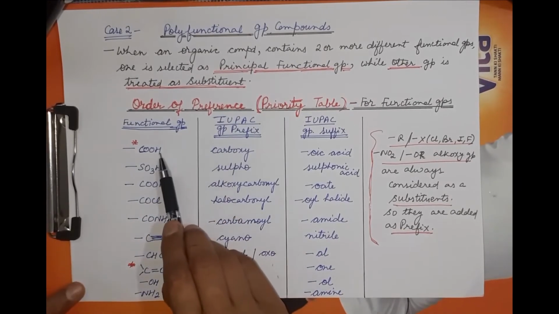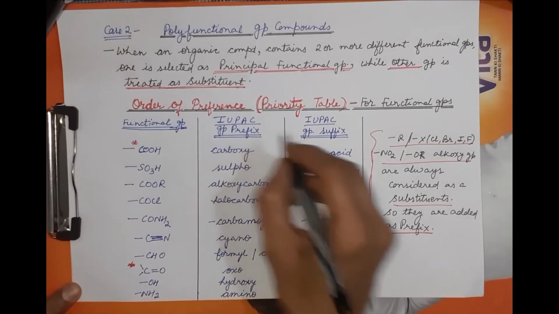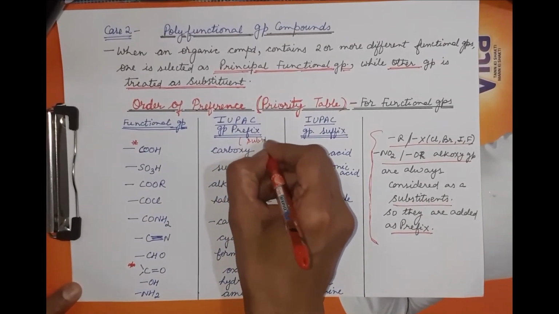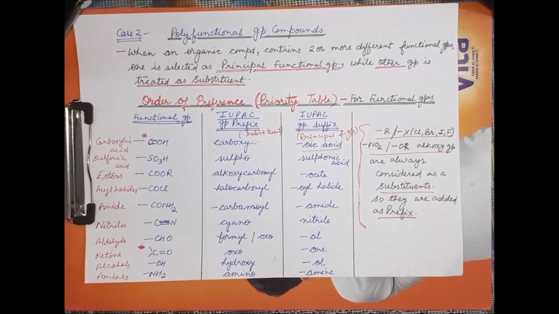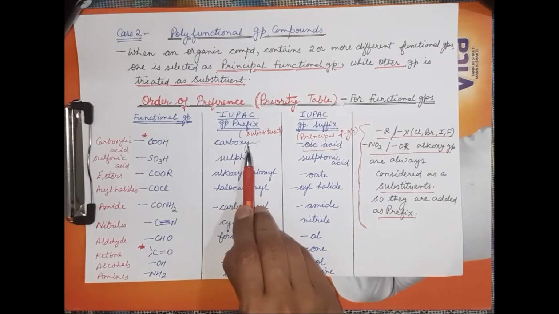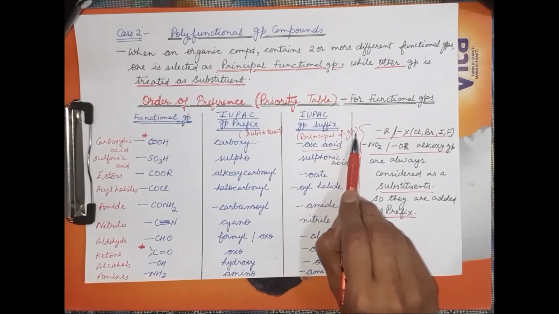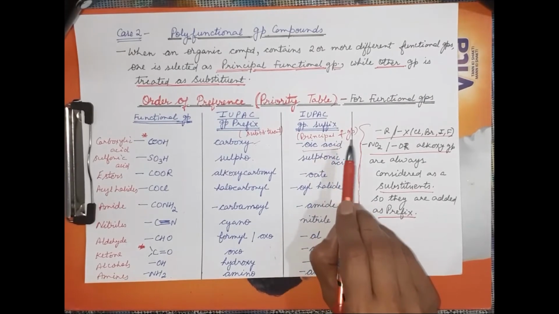If it is present in the compound as a substituent, meaning as a group prefix, then carboxy is used as a prefix. If it is present as a principal functional group, then oic acid is used as a suffix.